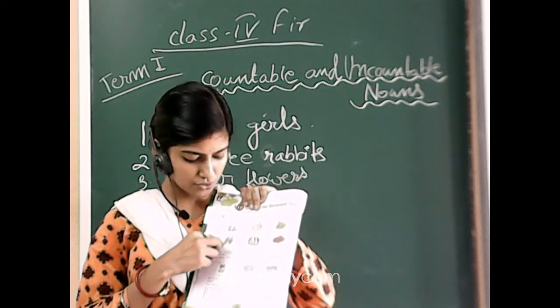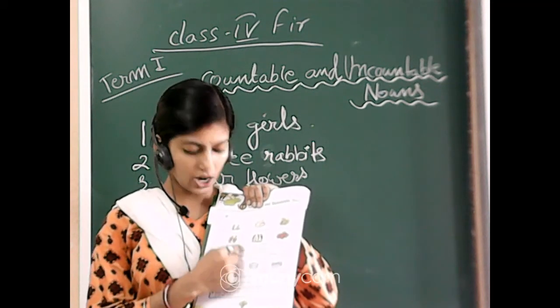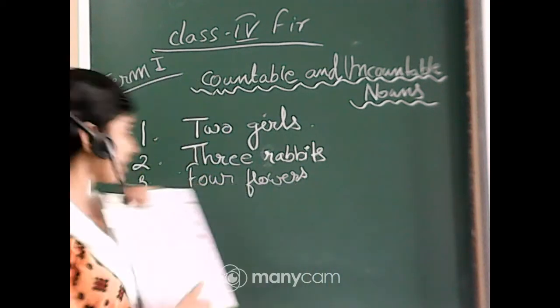Just count the clowns, 1, 2 and 3. 3 clowns. So write down here 3 clowns.